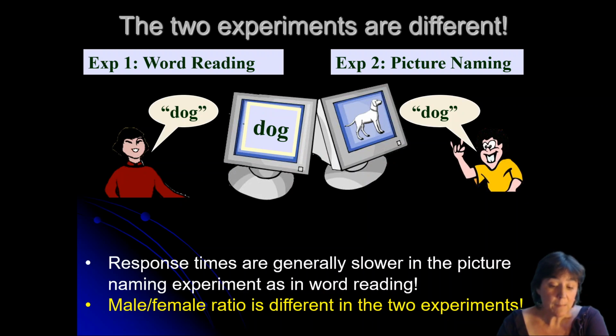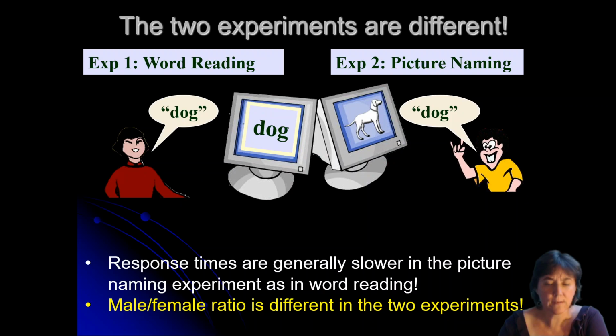And response times, not surprisingly, are generally slower, much slower, in the picture naming experiment as in word reading. So given the male-female ratio is different in the two experiments, it's just impossible to compare the raw reaction times and draw a conclusion for male and female differences in cognitive performance.